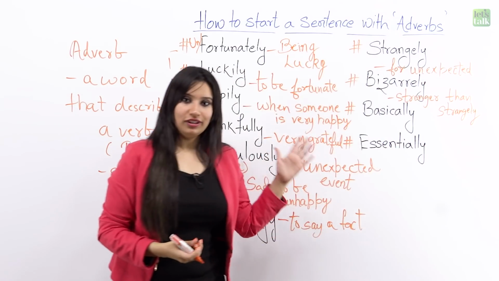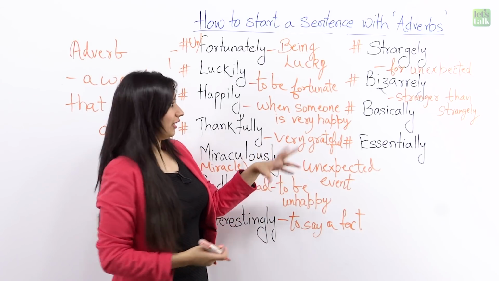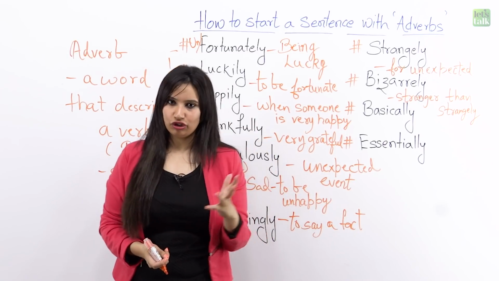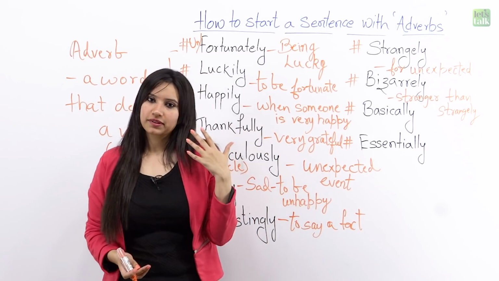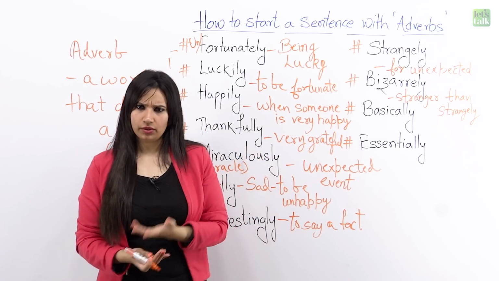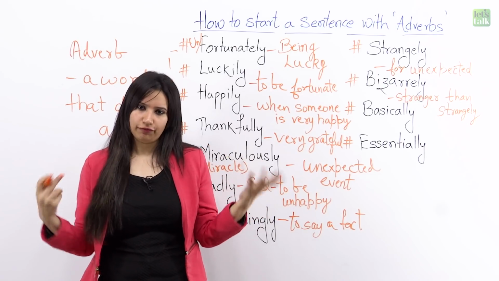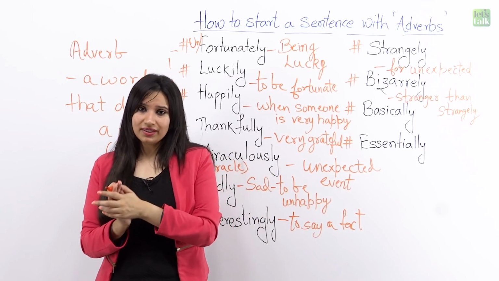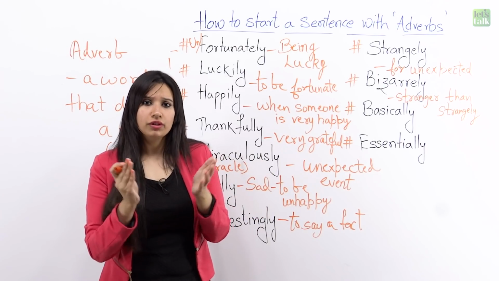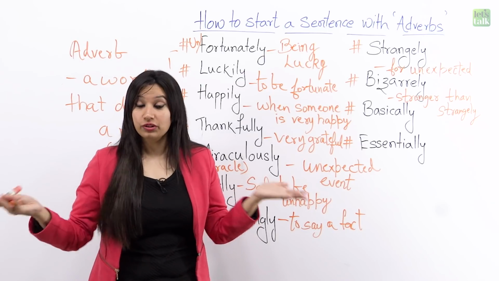This brings us to the last two adverbs that we have, and these are basically and essentially. These are the two adverbs that you would use in very regular circumstances, not to share a lot of detail, but just to share the basic information. So you could say, basically, we are trying to reduce the water wastage through this project.